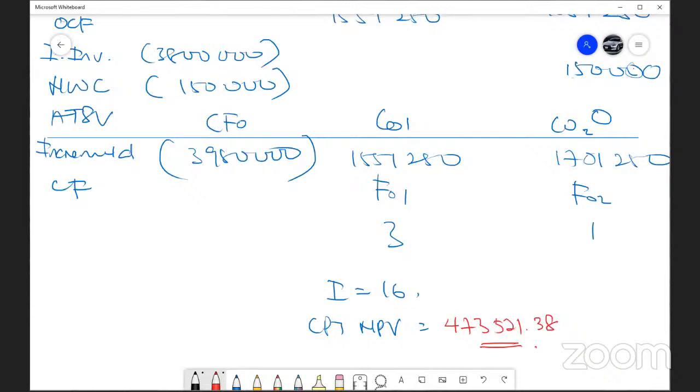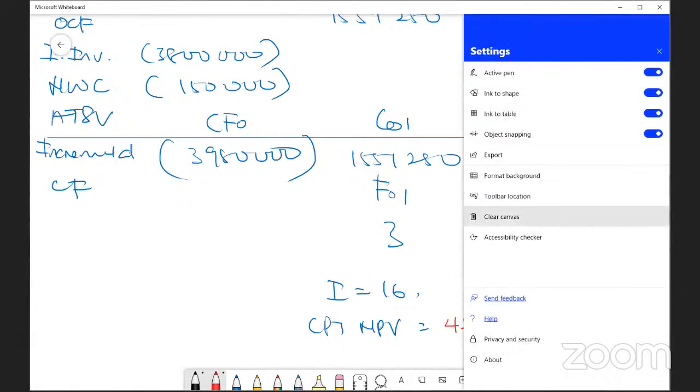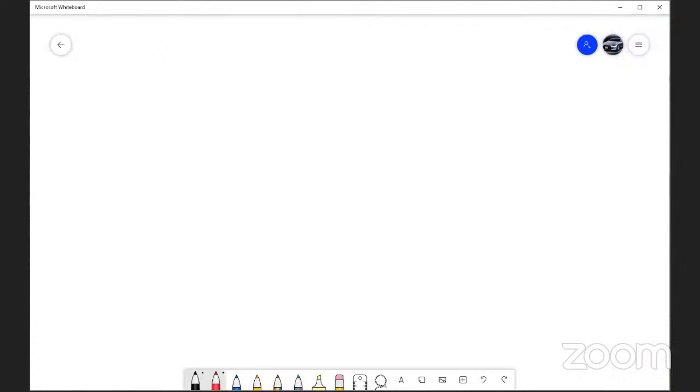Question number 10 now. Calculating EAC. So this is different again. EAC here means equivalent annual cost, or also could be known as effective annual cost. So you are evaluating 2 different silicon wafer milling machines.